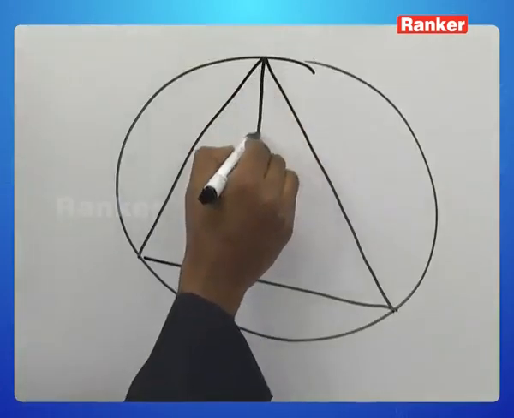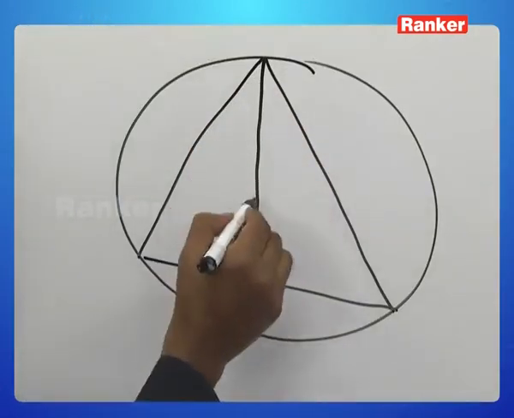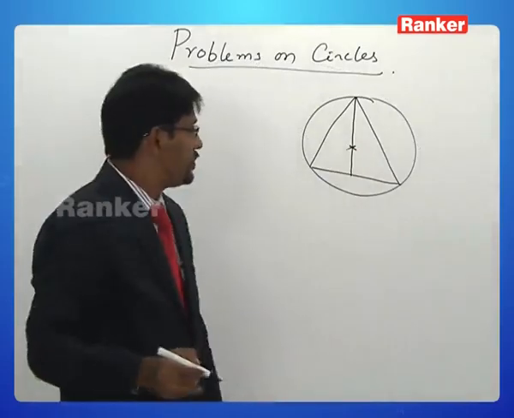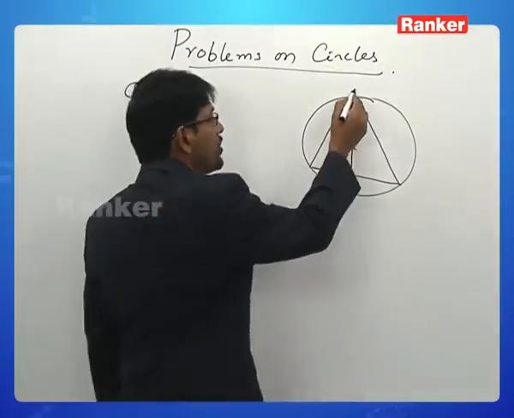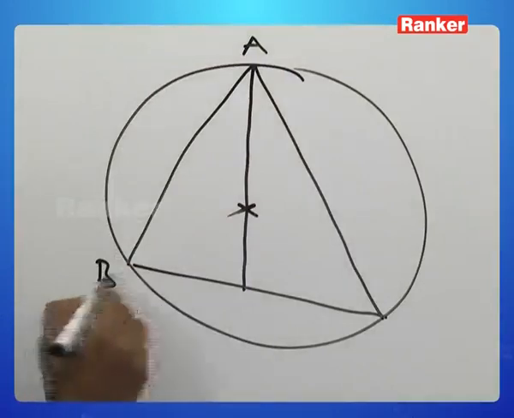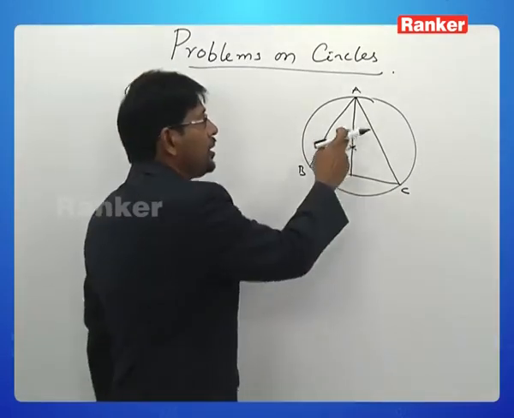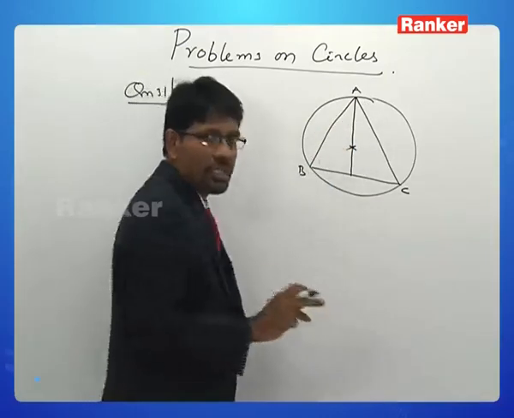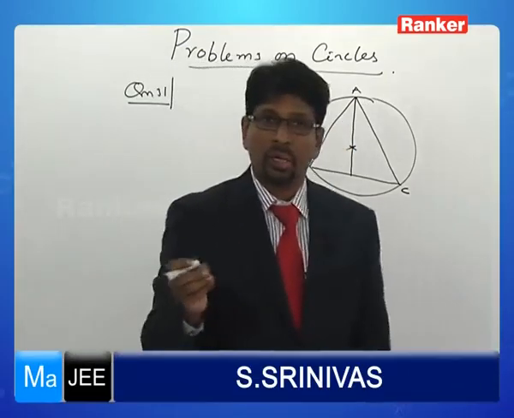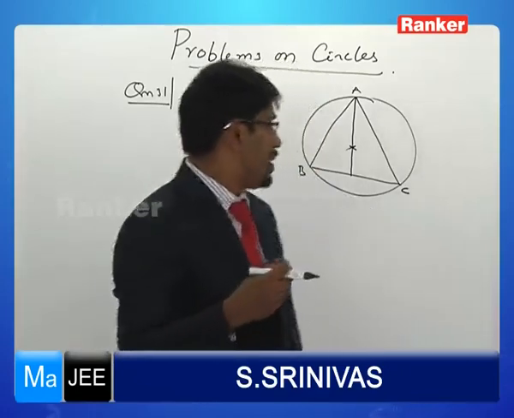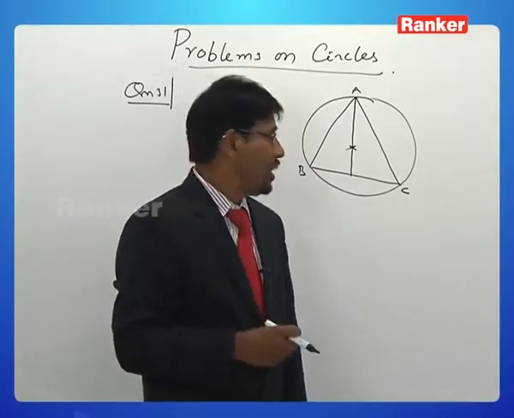Now clearly the circumcenter will be the centroid as well. The circumcenter of this triangle ABC, which is an equilateral triangle, will be the centroid of this equilateral triangle. Circumcenter, centroid, incenter, everything will be the same for an equilateral triangle.